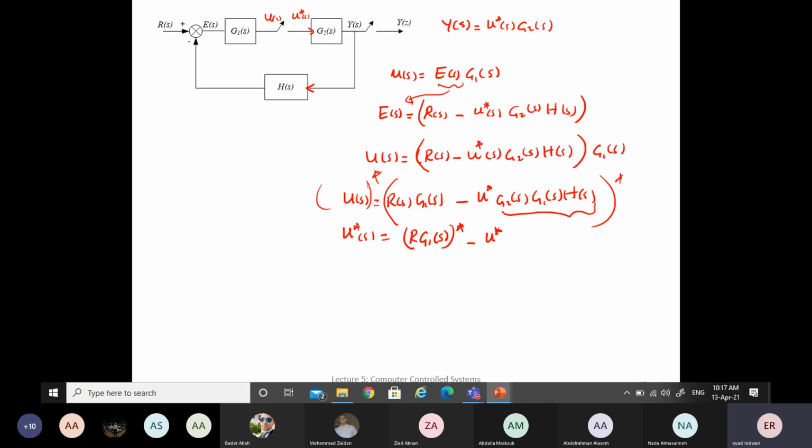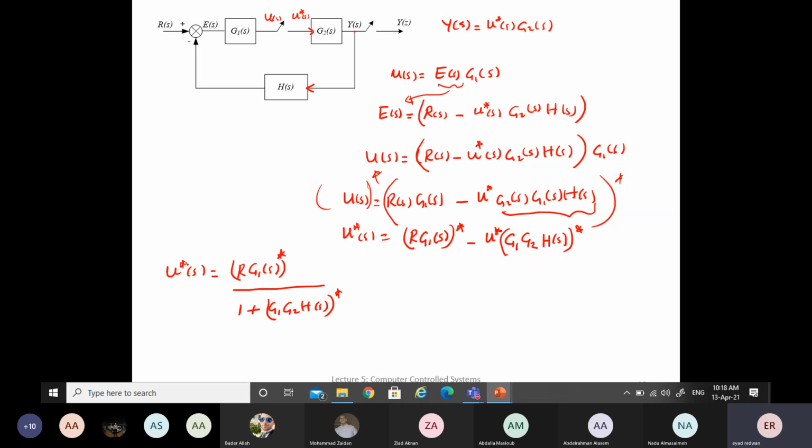Now I have to find the discrete form of G1 multiplied by G2 multiplied by H of S, then take its star Laplace transform. So I can now rearrange this: U star of S equals, moving this here and taking a common factor, RG1 of S star over 1 plus G1 G2 H of S, all of this star.